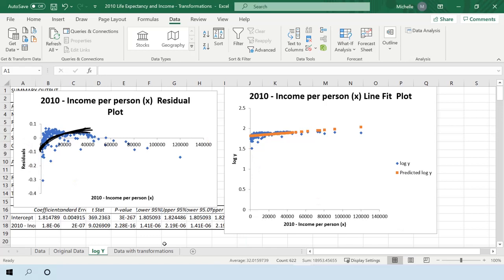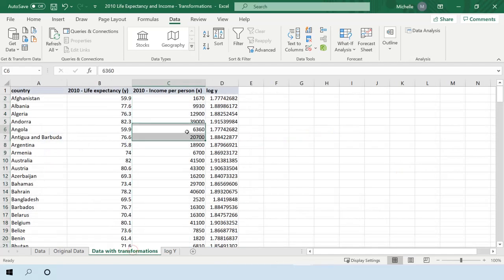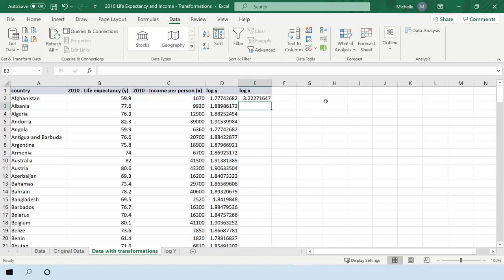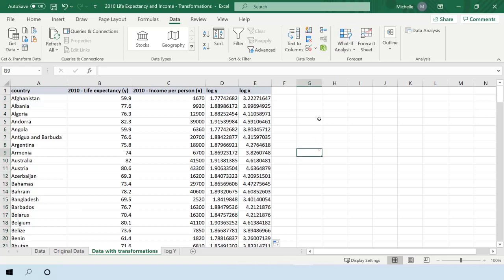Okay, let me move this here. So I've already transformed y, and it definitely helped. I can transform x as well. So let's go ahead and use the log transformation of x as well. So equals log, open parentheses, and then this guy, close parentheses, press enter, and then double click, fill it all in.